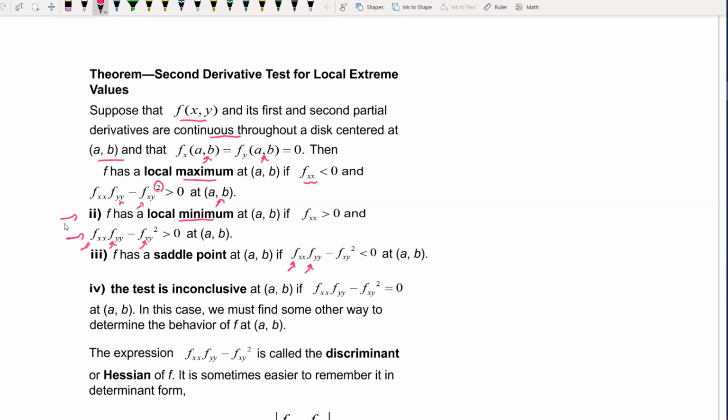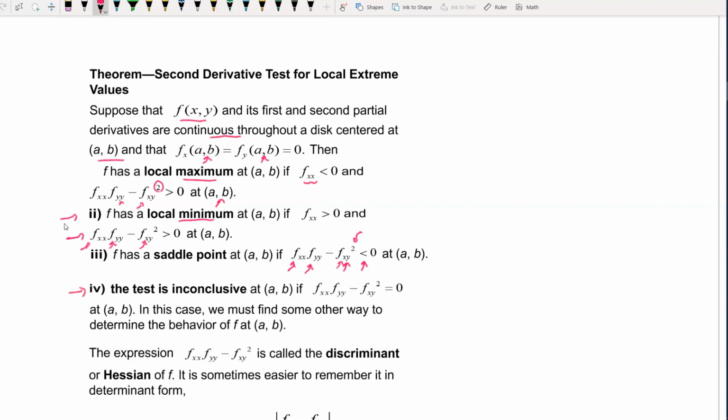And on this part we first find the first derivative with respect to y, and again the second derivative with respect to y, minus f_xy, and here we have the square.